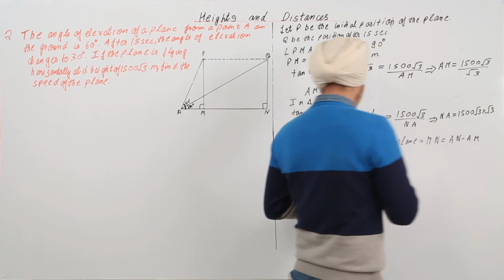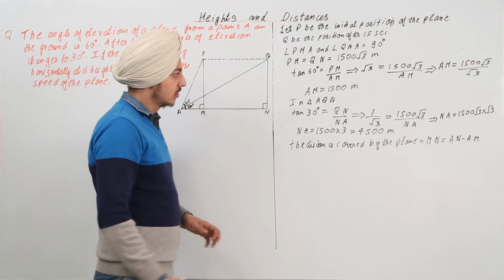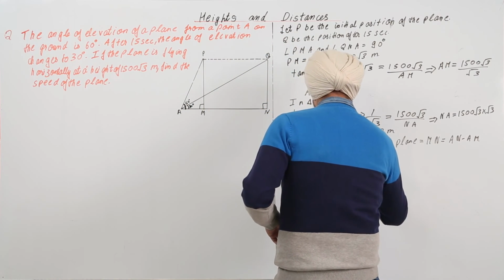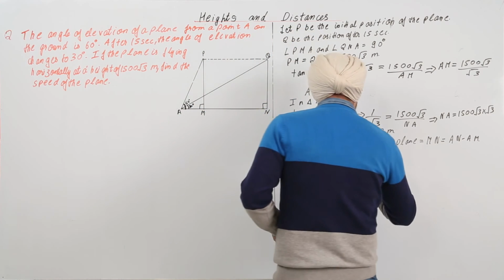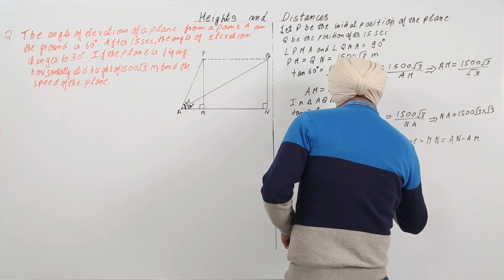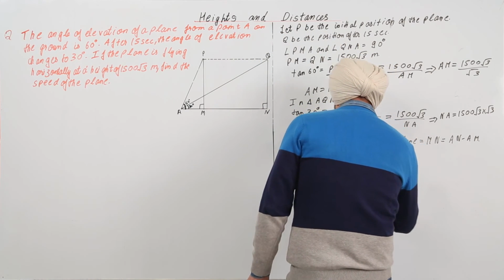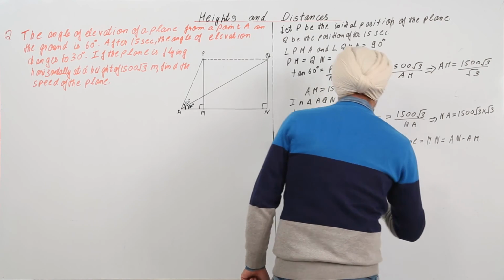Am I right? So from here MN is equal to, what is the value of AN? That is 4500 meters, minus the value of AM, which is 1500 meters. So the value of MN is equal to 3000 meters.